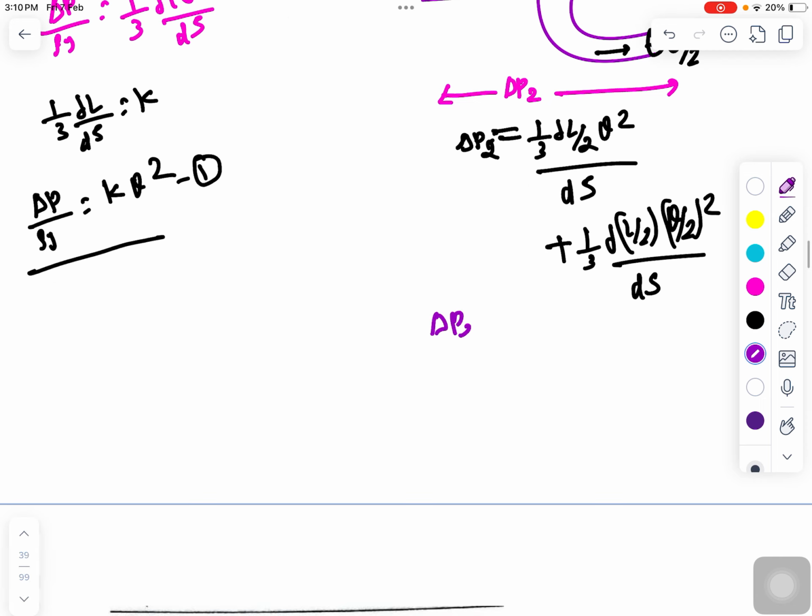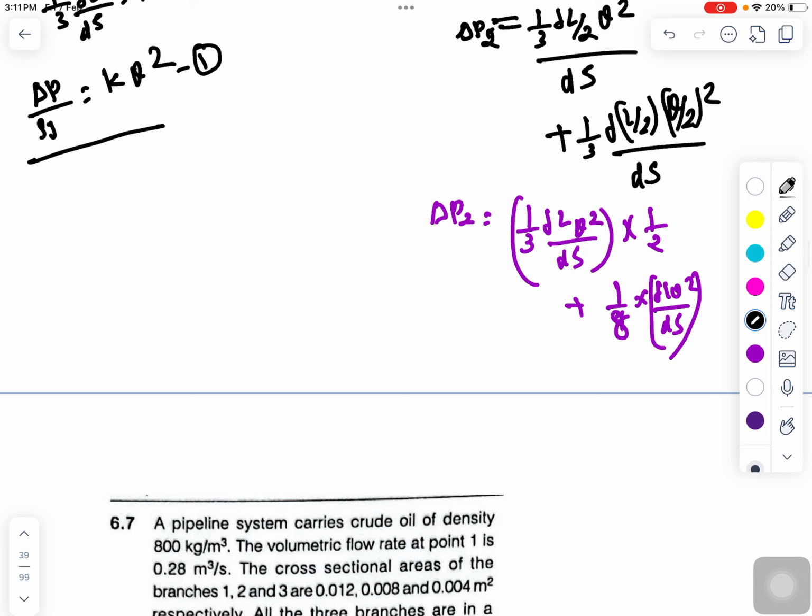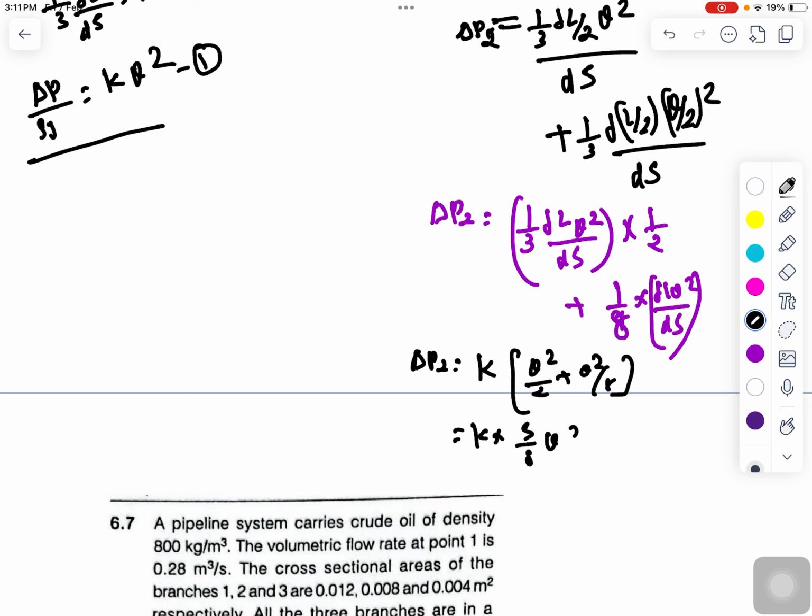So finally you can say delta P2 equals 1 by 3 FL Q square divided by d5 into 1 by 2 plus 1 by 4 into 1 by 8 FL Q square divided by d5, right? So finally if I take Q square common, delta P2 can be written as K into Q square by 2 plus Q square divided by 8, so that will be equal to K into 5 by 8 Q square, right?